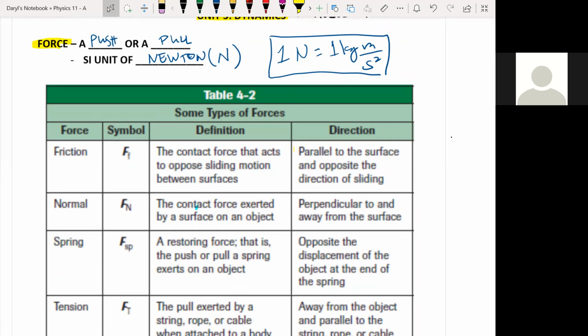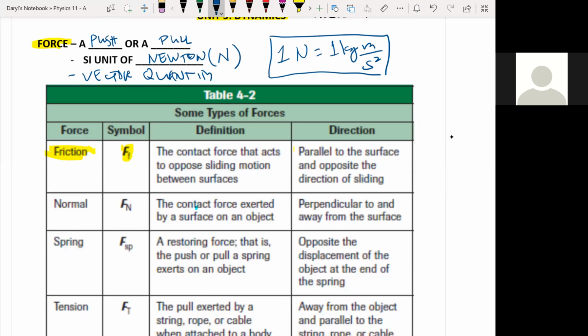So let's say, for example, for friction. So for friction, usually we use the symbol F sub F. And remember that force is a vector quantity, by the way. So this is a vector quantity. So it has both magnitude and direction.